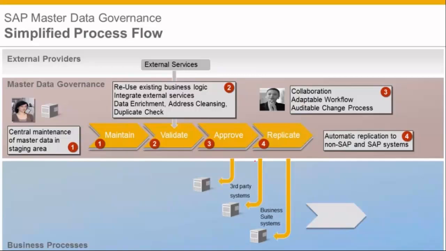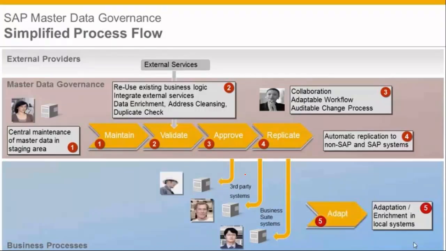Replication can be automatic or manual. Once the data is replicated, if there are any local rules, maybe some Z fields which are part of these applications and might not require the attention of the governance board, they will be filled automatically. That's part of local adaptations. This is the standard process. It happens when the customer implements the application.